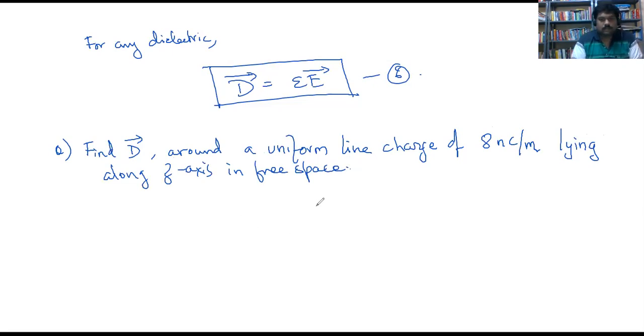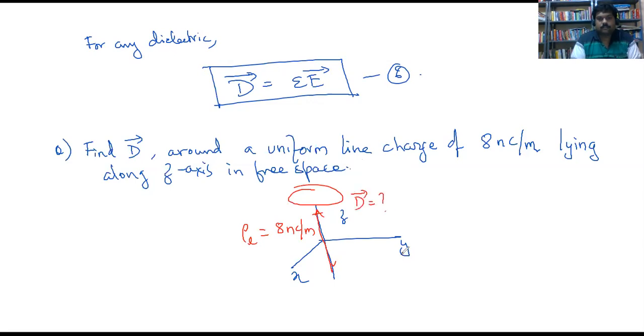So a simple question. You have x, y, and z coordinates. You have a line charge on the z axis, an infinite line charge which is uniformly distributed. It is of strength 8 nanocoulomb per meter. You have to find out what the flux density D is in the surroundings. So it's a simple question.